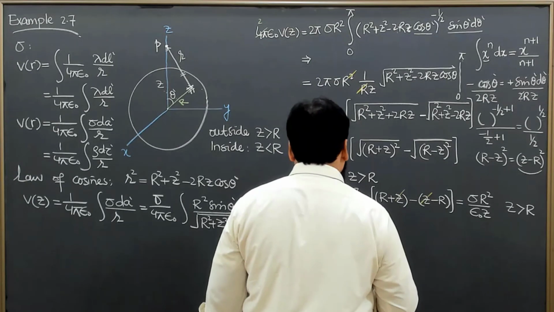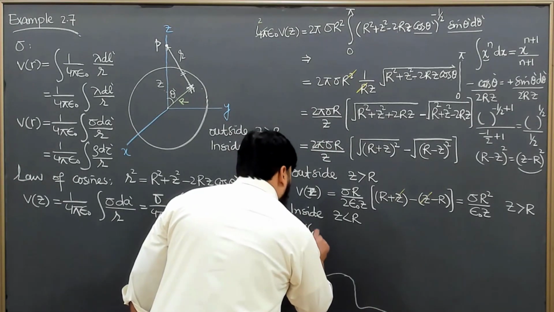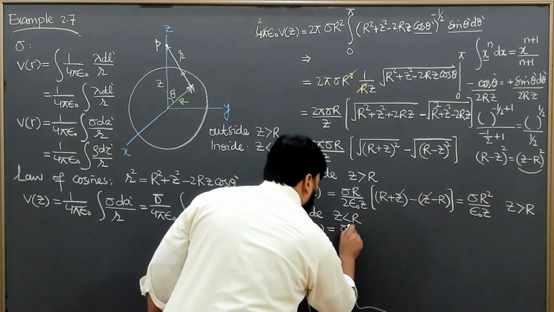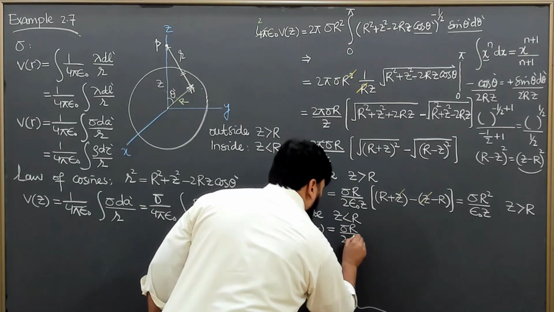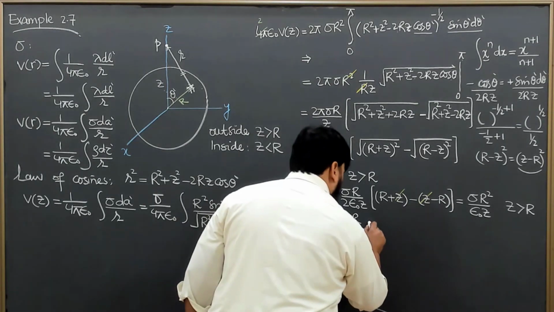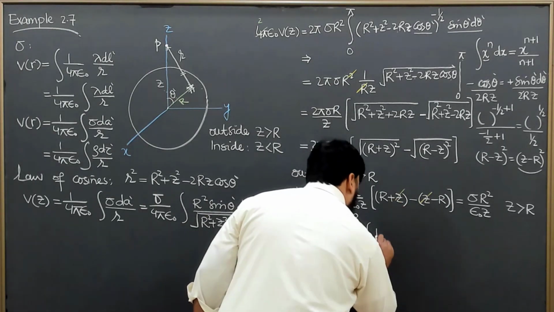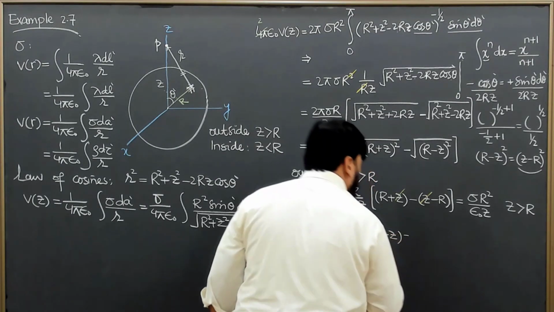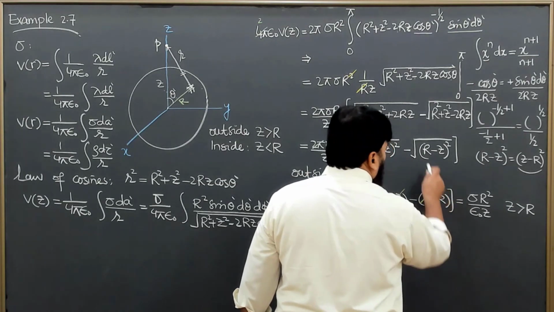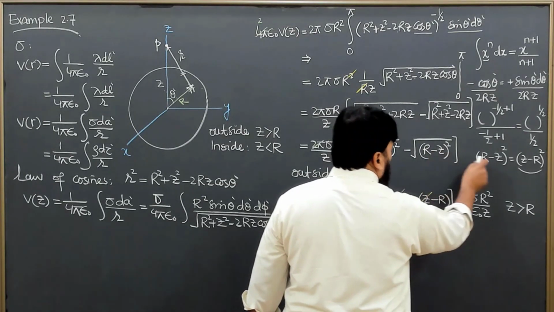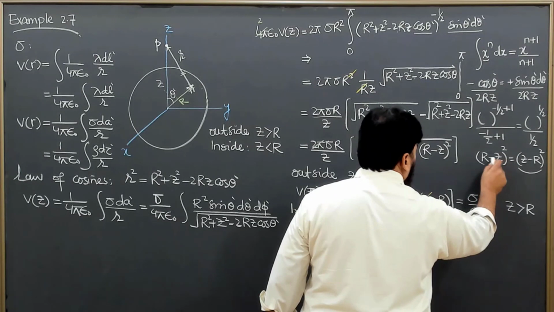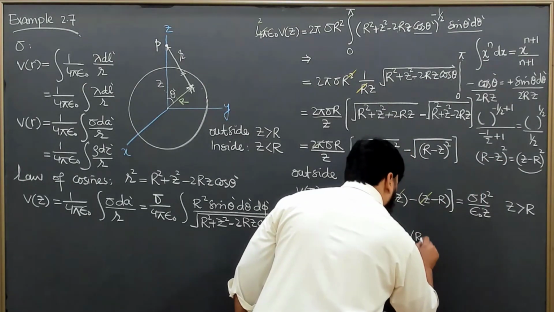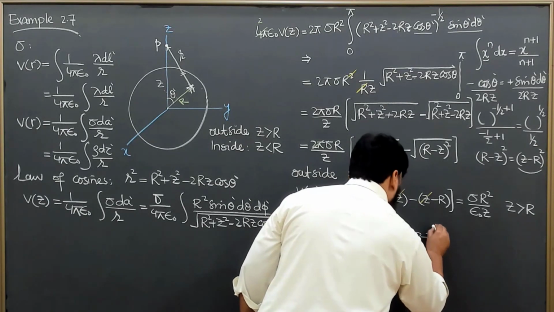So I will write now v of z equals sigma r over 2 epsilon naught, and now here this is r plus z minus, now we don't care whether it is r minus z or z minus r, so this is r minus z, now r is greater than z, so it is to be positive, and I will write r minus z here.